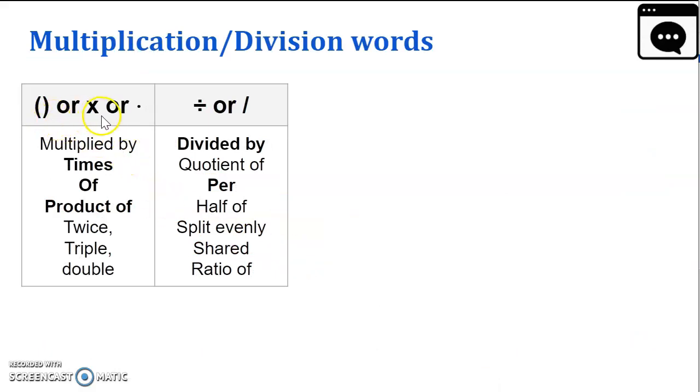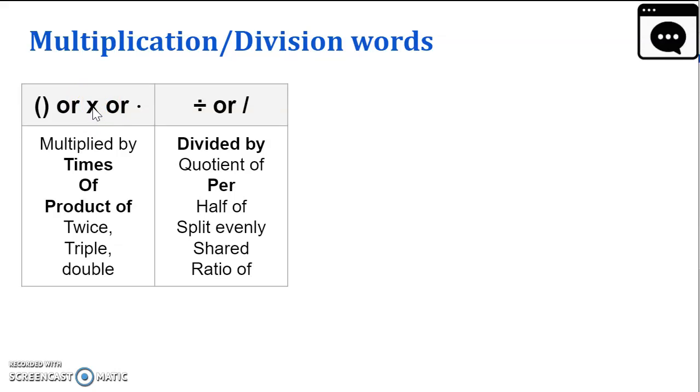Multiplication can be represented with a parenthesis or with an X, or now more commonly as a dot or parenthesis. We don't use the X as much anymore. In fact, we don't want to use it at all, because we're dealing with a lot of variable X, right?